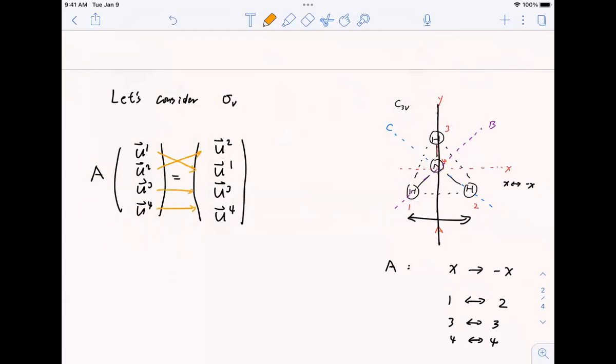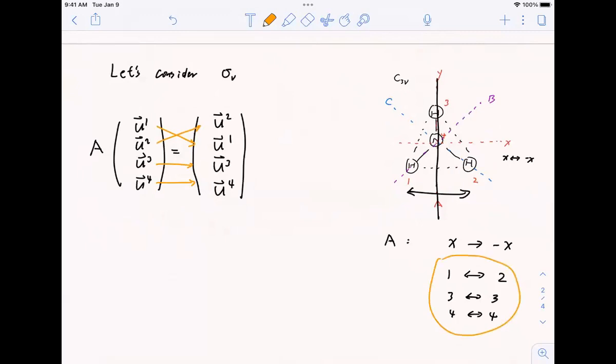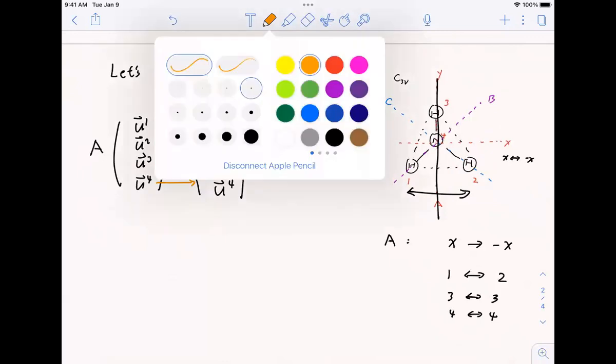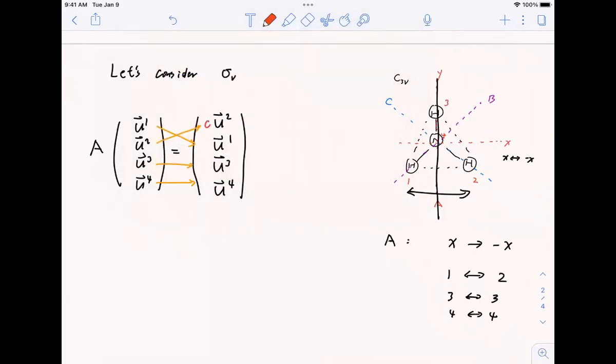Just according to this transformation, because the atoms switch position, each of them is going to have an A here. So what is A? A is acting on X, Y, Z, and it will become negative X, Y, Z.